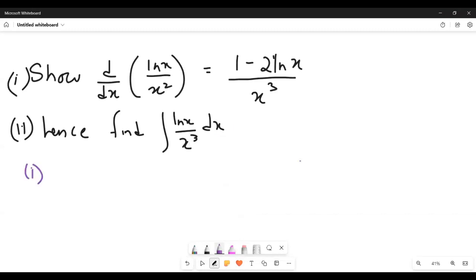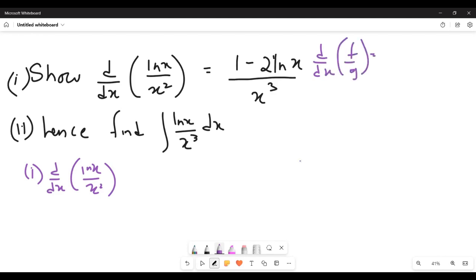We will be using the quotient rule of differentiation, which is: if we're differentiating a function f upon g, then that equals f prime g minus f g prime upon g square.